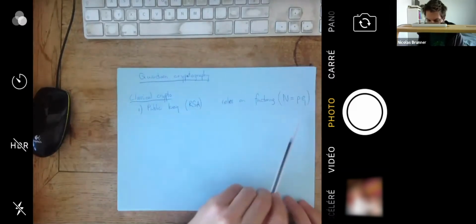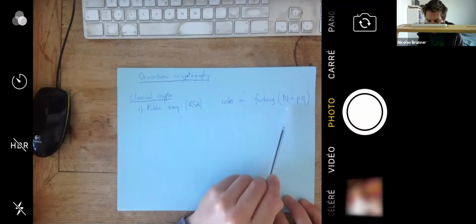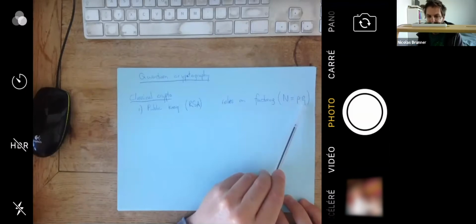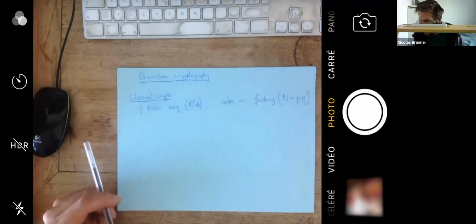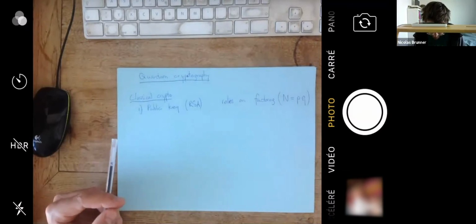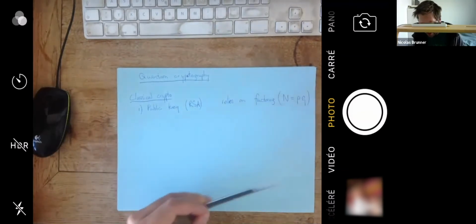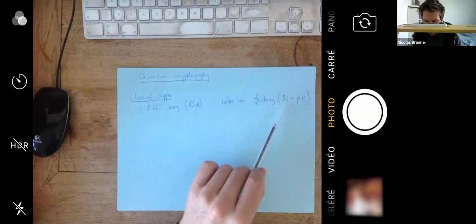So remember this example: if I give you two prime numbers, it's very easy to multiply them. So this is easy. But if I give you the product and ask you to find the factors, this is difficult, okay? Now, when we say it's difficult, it is for a classical computer, because all known algorithms are essentially exponential in time with the size of this number.